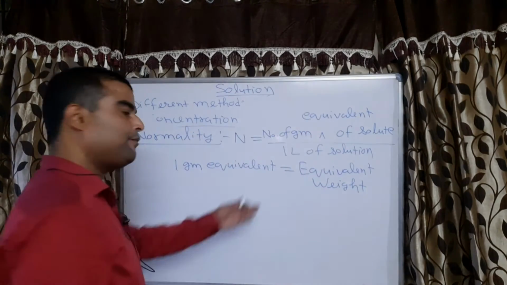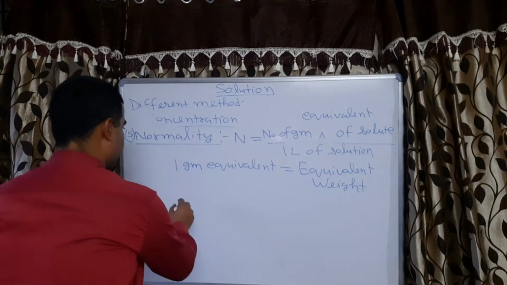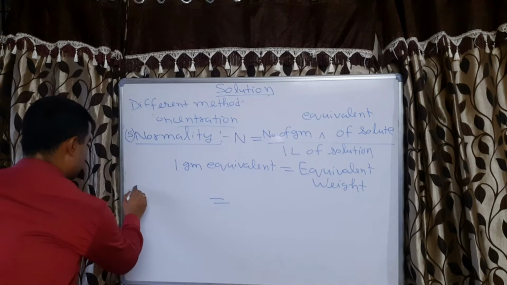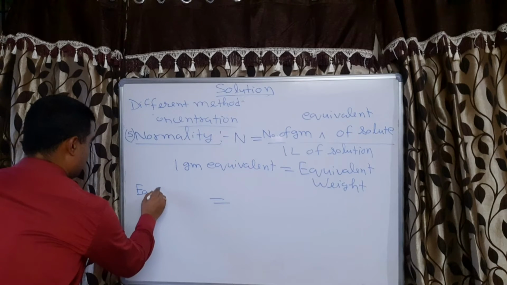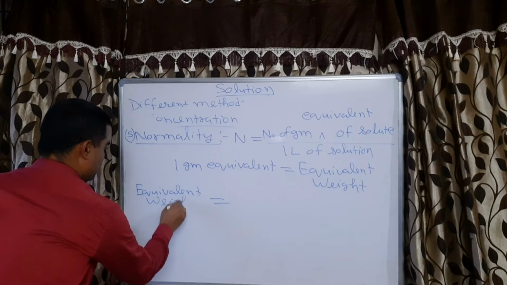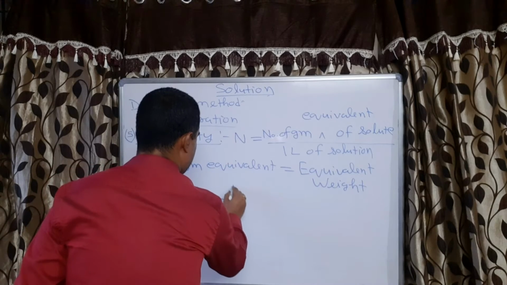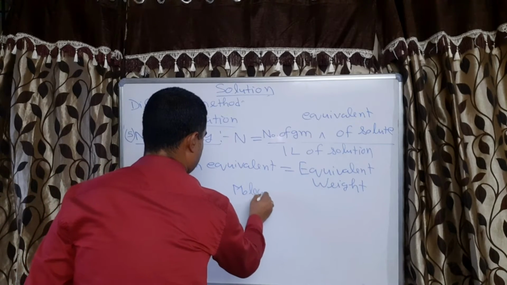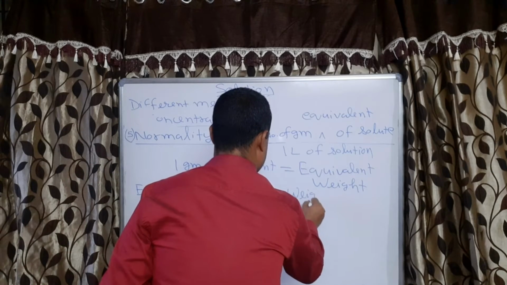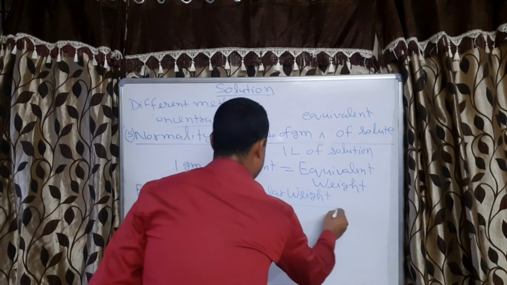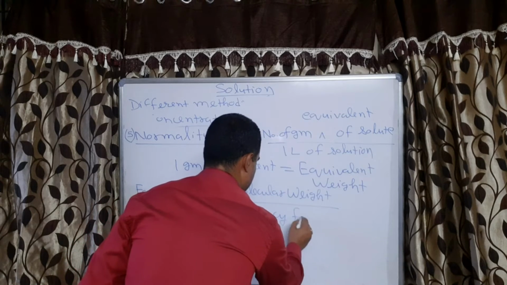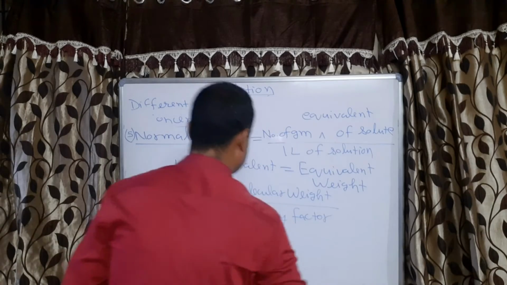Correct? Now, what is the equivalent weight? Equivalent weight is equal to molecular weight divided by valency factor. Correct?